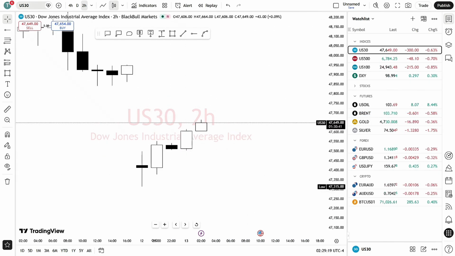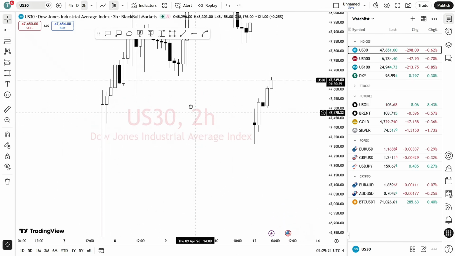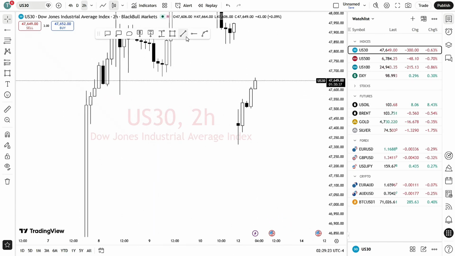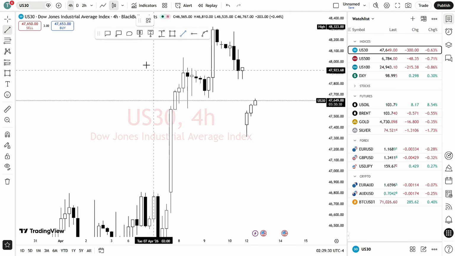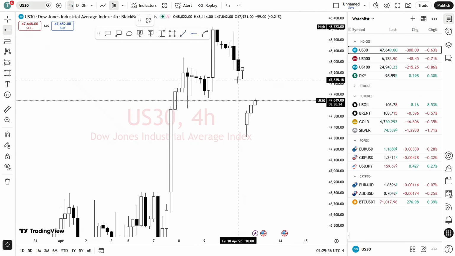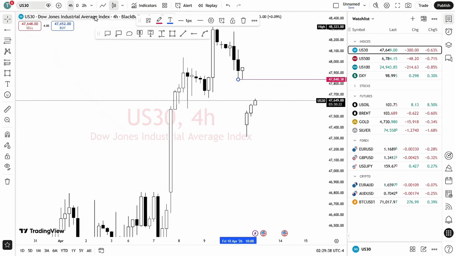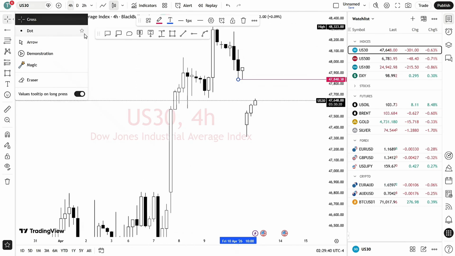So on US 30, we got liquidity taking. That's what it's called, right? So we had our own imbalances there, a big imbalance that price actually mitigated, right? And then let's mark out the draw, which is at least the important one.